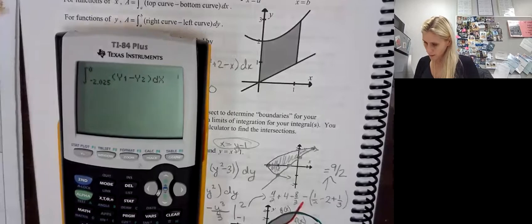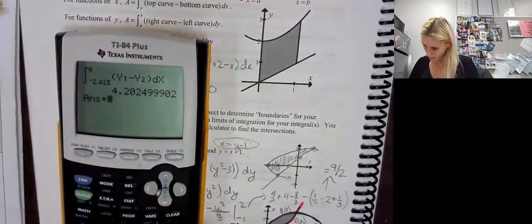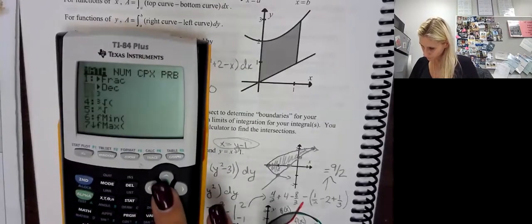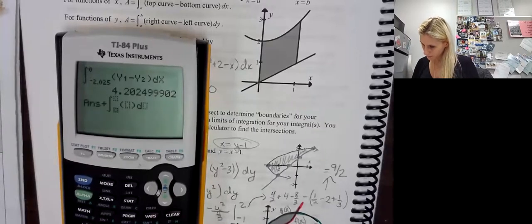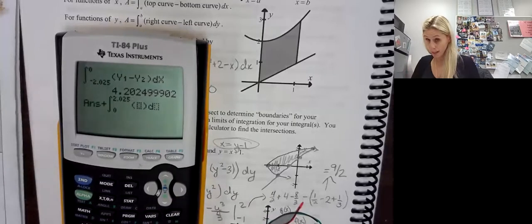Okay. And I'm going to add that on to the integral from 0 to 2.025 of, we're going backwards right now, right?